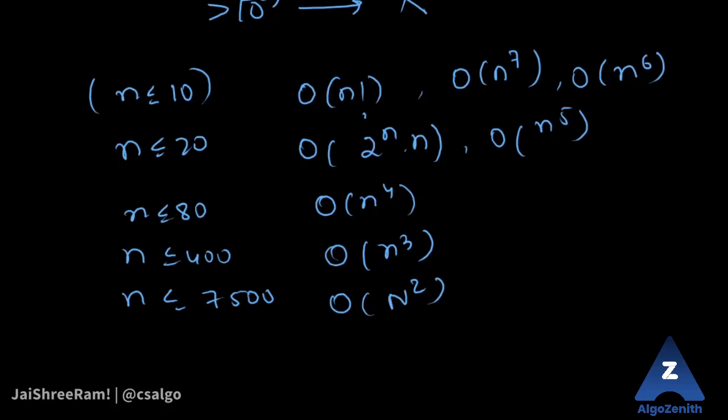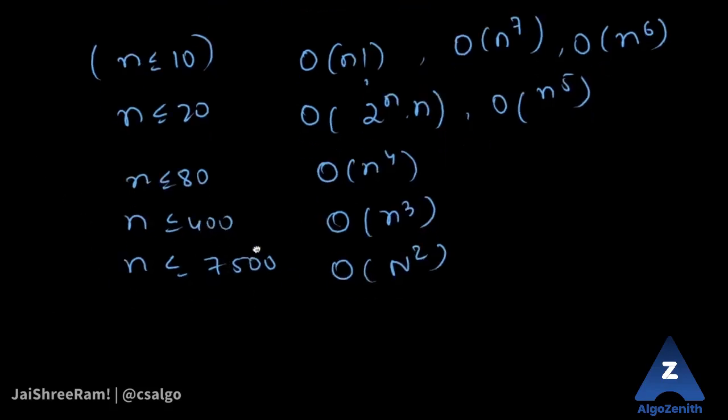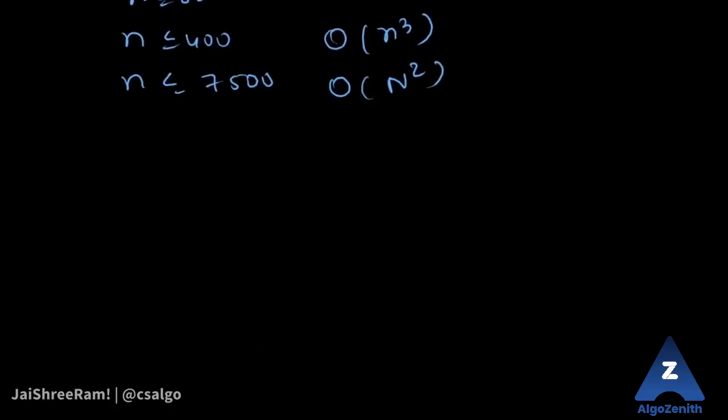Okay, and similarly, if we go ahead and try to write some more possible expressions, if n is less than or equal to say 10 to the power 5, these days order n square root of n passes most of the cases.